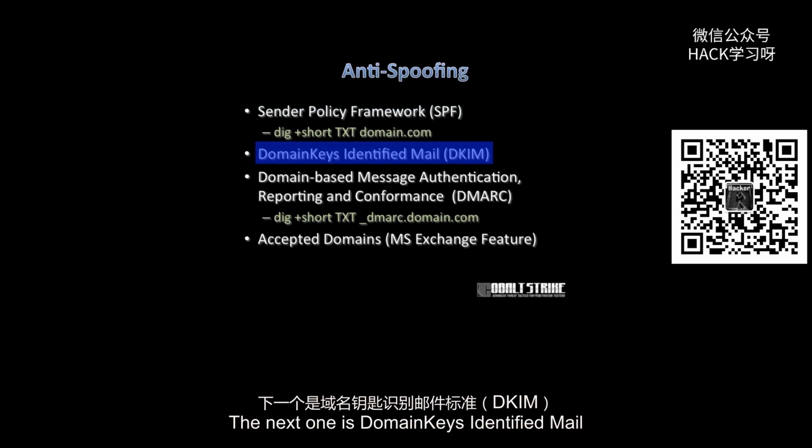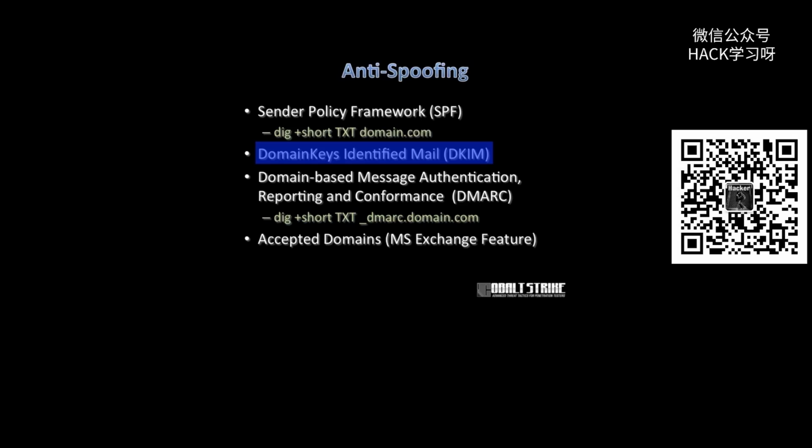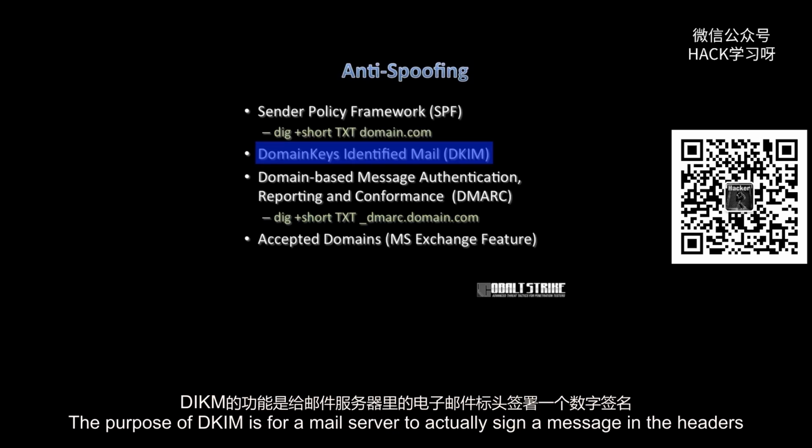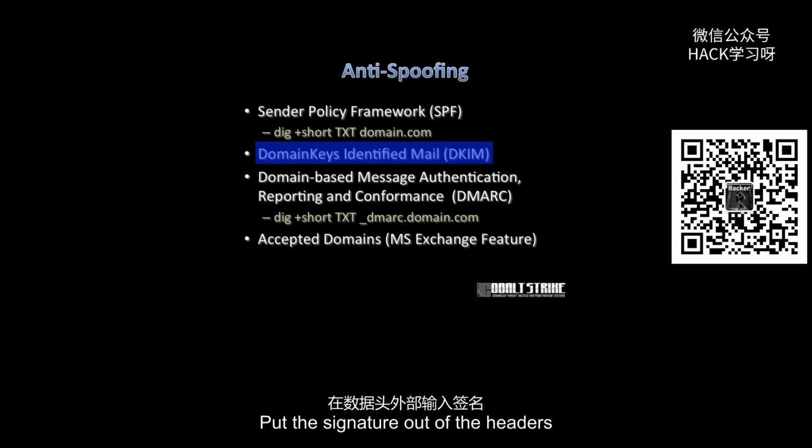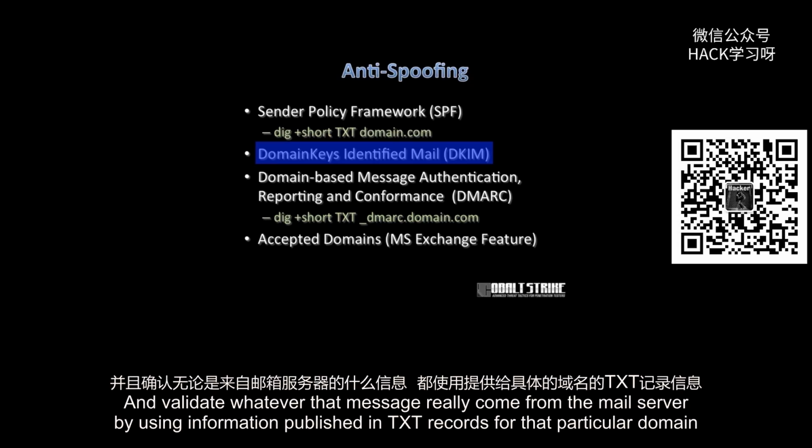The next one is Domain Keys Identified Mail, DKIM. The purpose of DKIM is for a mail server to actually sign a message in the headers in such a way that another mail server can look at that message when it comes through, pull the signature out of the headers, and validate whether or not the message really came from that mail server by using information published in TXT records for that particular domain.